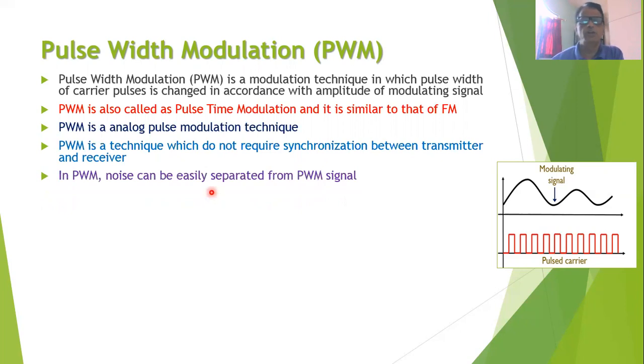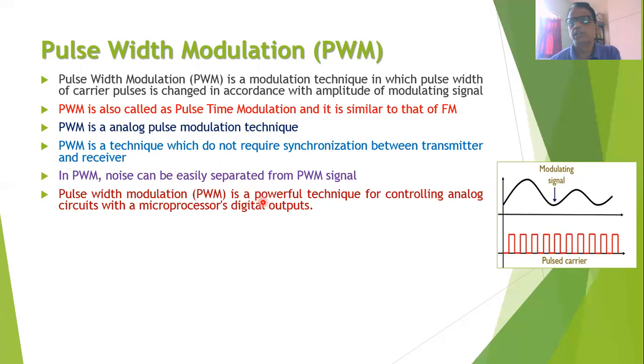In pulse width modulation, we can easily separate the noise from the required signal. This is because the amplitude of the pulses remains constant and there is only variation in the width, and therefore the noise can be easily separated.